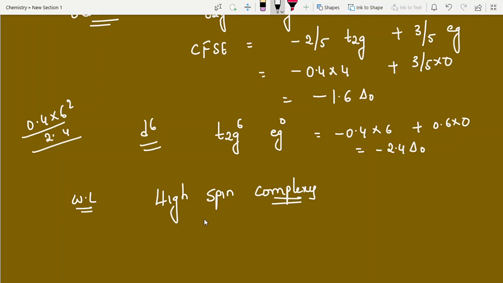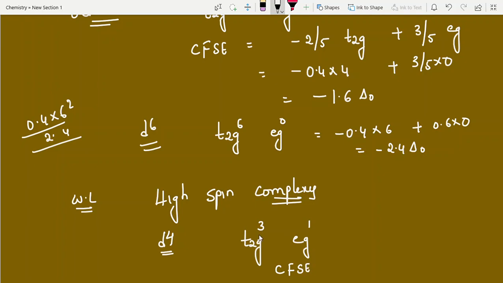What is the configuration if you take d4? t2g3, eg1. So that's it. Now calculate the crystal field stabilization energy.